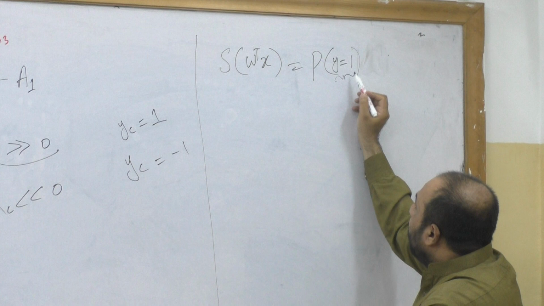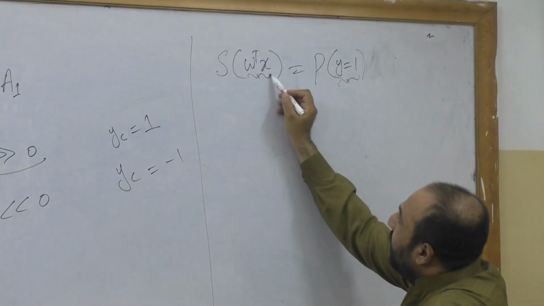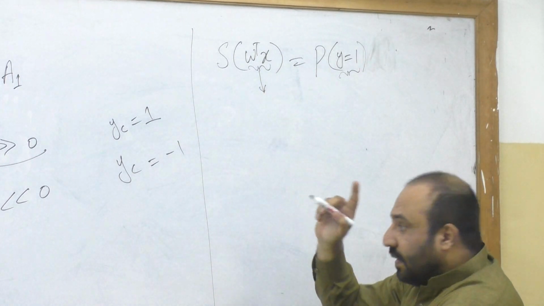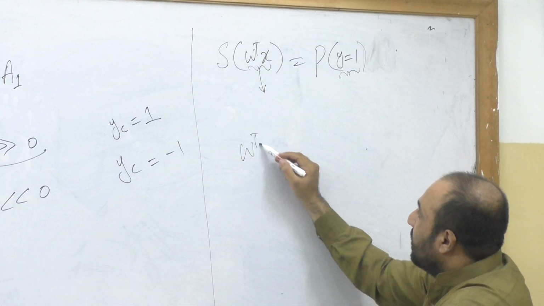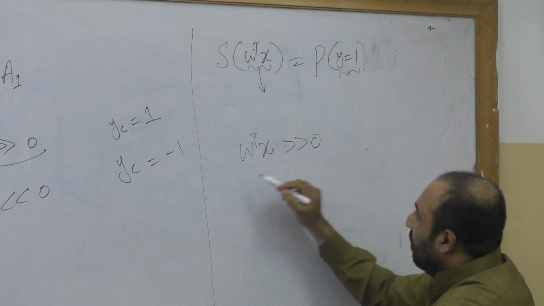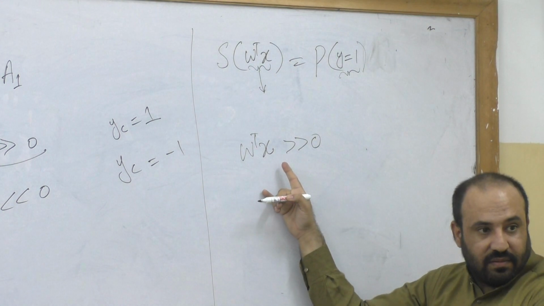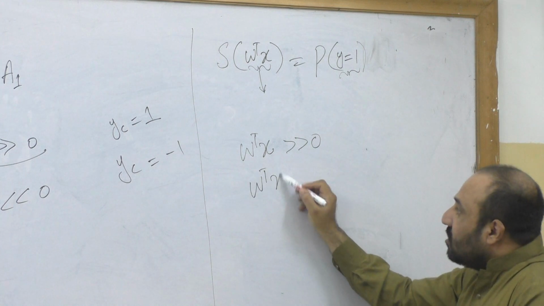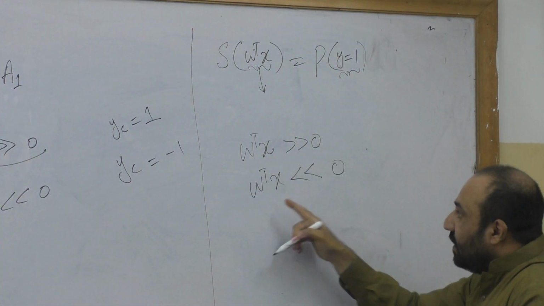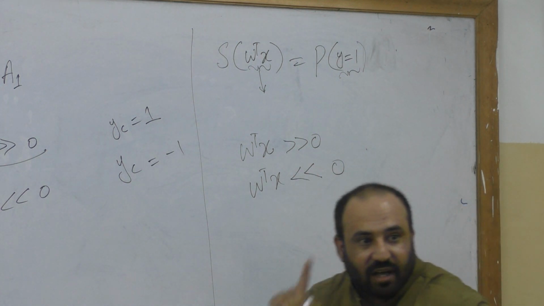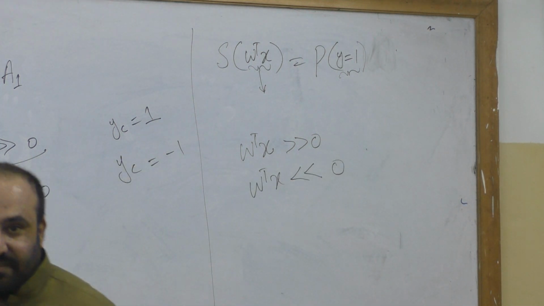And you are more confident if this number is bigger and bigger. Yes or no? Yes. So in that case also, you need this thing to be sure that it is of class 1 and to be sure that it is of class 0, you need this. Make sense? So the same thing you have done in logistic regression as well.